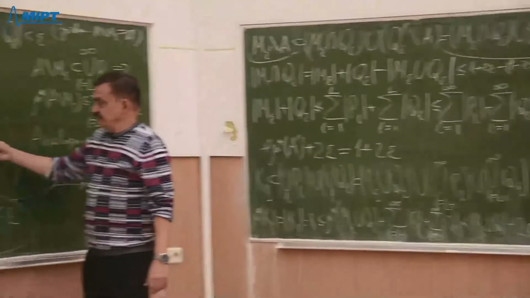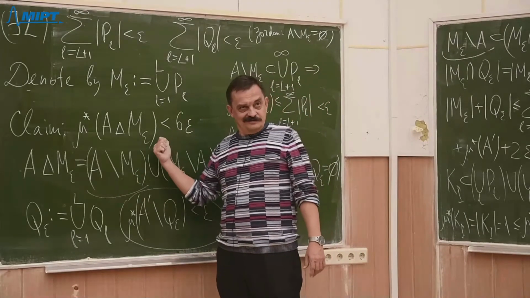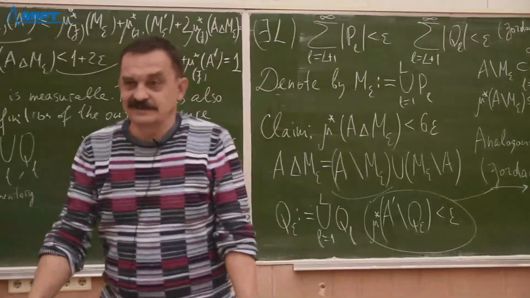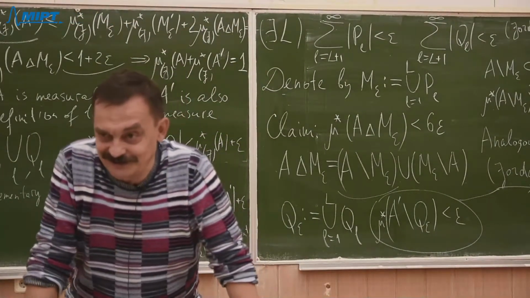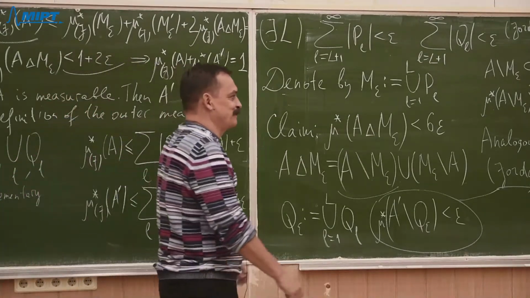So altogether less than 5 epsilon, 6 epsilon, right? That is my answer to the question why 6 epsilon.